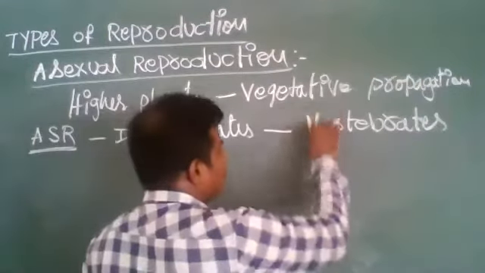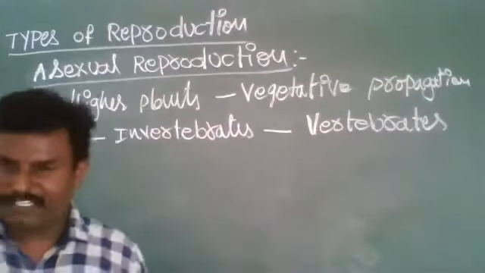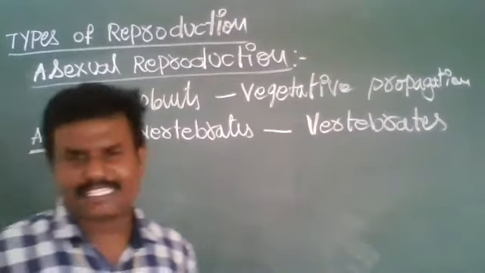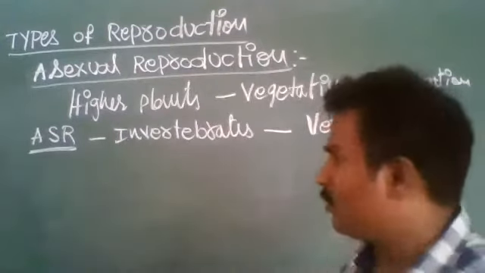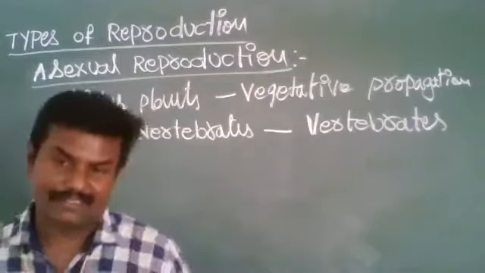In all the vertebrates and higher invertebrates, asexual reproduction is absent. This is the occurrence.